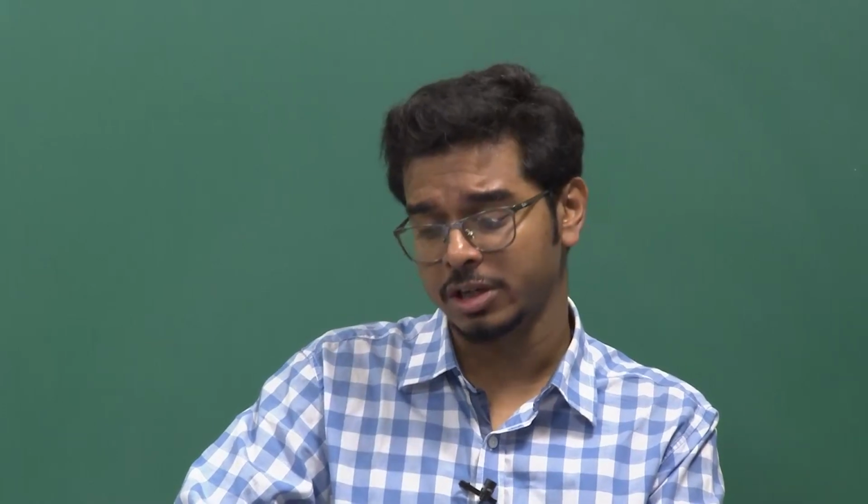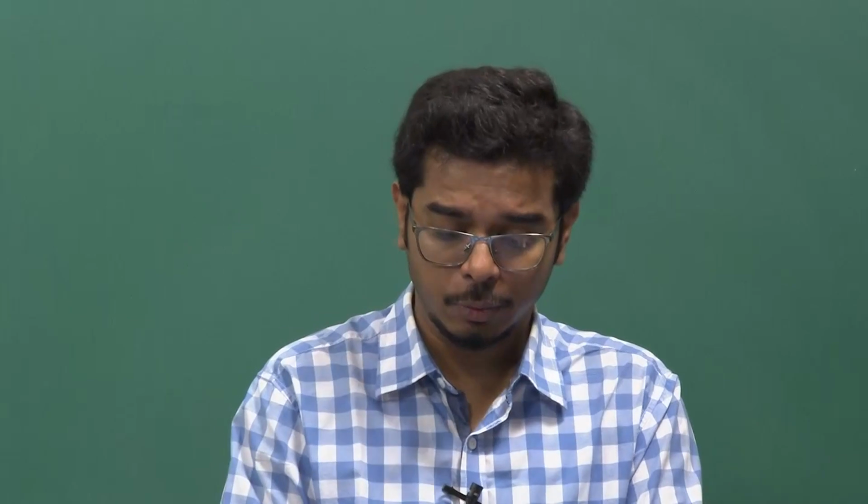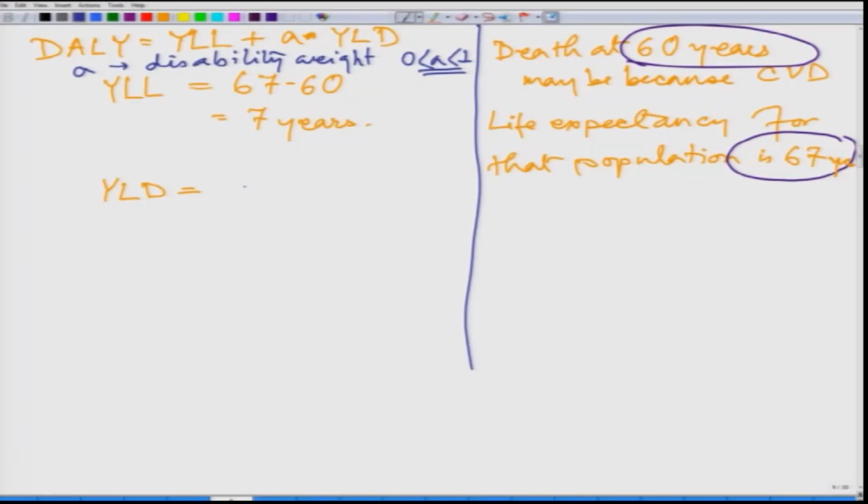So, say 50% of the last 8 years, where 50% is the disability weight, and the person was suffering from cardiovascular disease for the last 8 years of his life. Then YLD is basically A into 8 years.